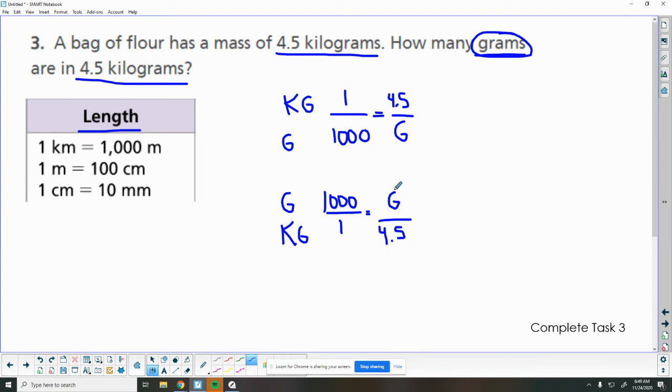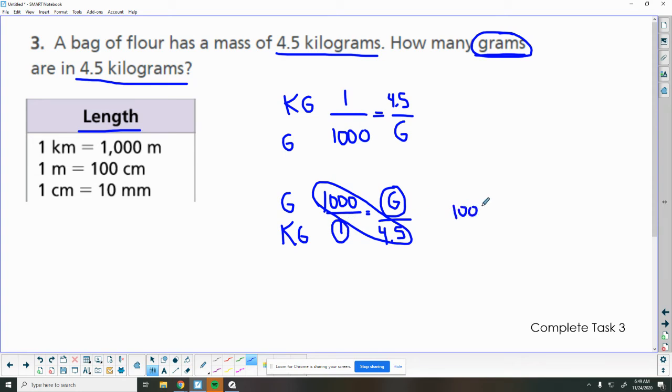So we want to get G all by itself. So I would move this to the other side by doing the reciprocal. The opposite of divide by 4.5 is to times by 4.5, which means we're doing 4.5 times 1,000 divided by 1.